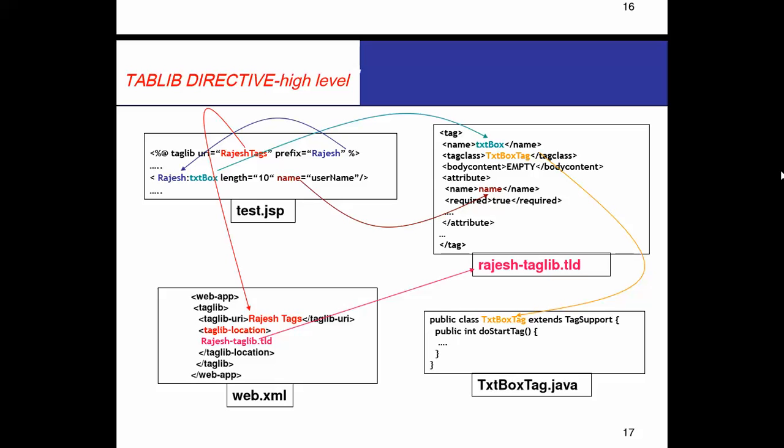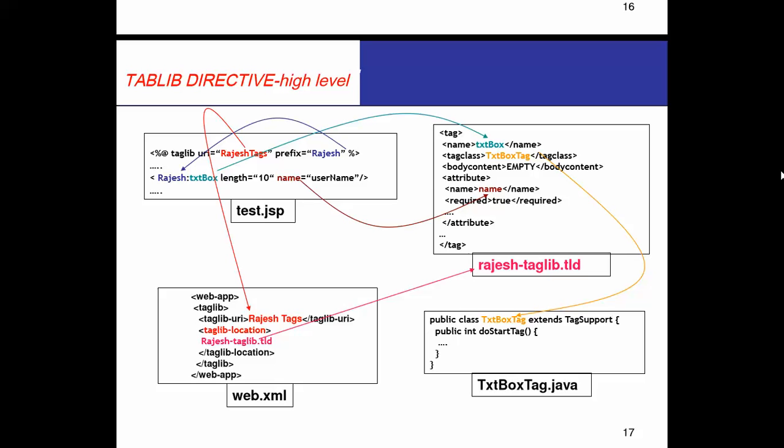Since I have written a class here, it is going to be mapped to that TextBoxTag.java. In TextBoxTag.java I am going to write my custom logic, whatever logic I want to execute in 1000 pages, so that I will be able to use this taglib directive in every page.